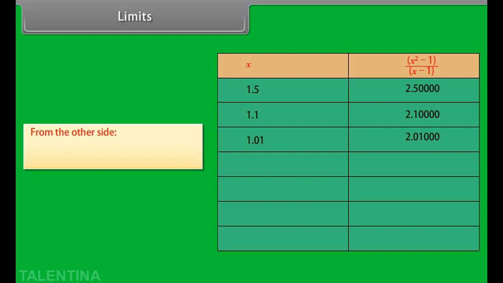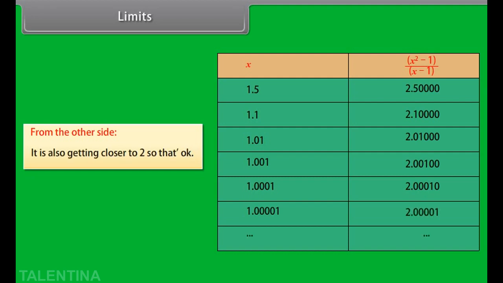For x = 1.001, it is 2.00100. For x = 1.0001, it is 2.00010. For x = 1.00001, it is 2.00001. Also heading for 2, so that's okay.